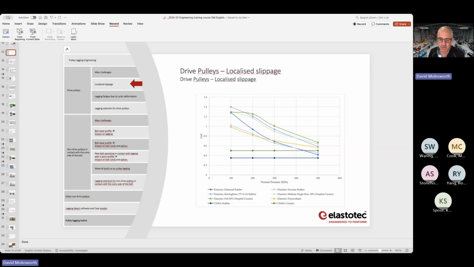Yeah. So, Robert, if you look at this graph, down across the bottom here, you've got CEMA. You've got the CEMA rubber one here, which is this straight blue line, and then you've got the CEMA ceramic one above it. It's just the one coefficient of friction. It doesn't matter what the normal pressure is, it's just the one value. These graphs above, those lines are for the different normal pressures, but they're done at one slip speed.